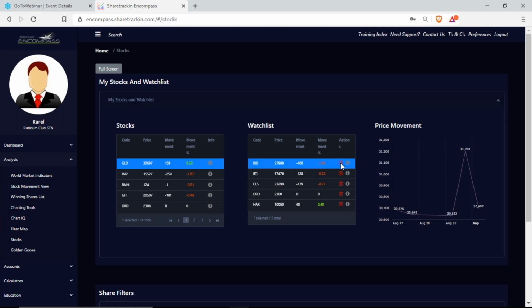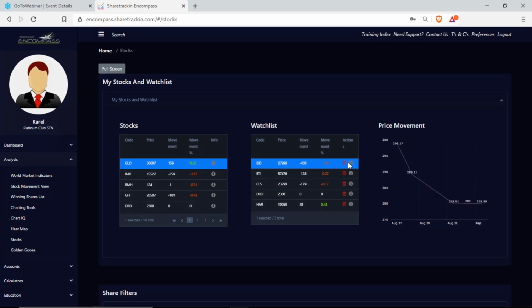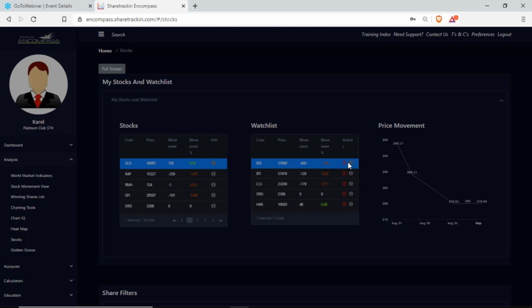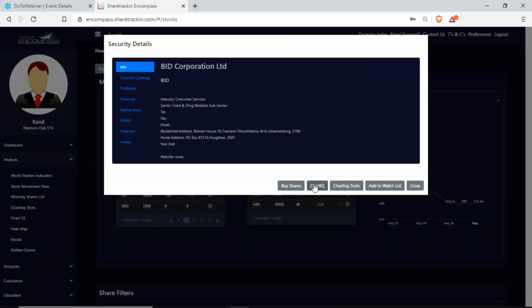From there on, I can go to the dustbin to delete the share, in other words, to remove it from my watch list, or I can go to action on that little info button there. And if I click on it, I can buy the share here, or I can go to my chart IQ.